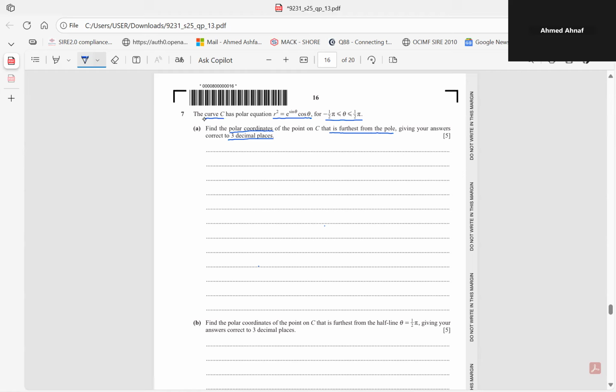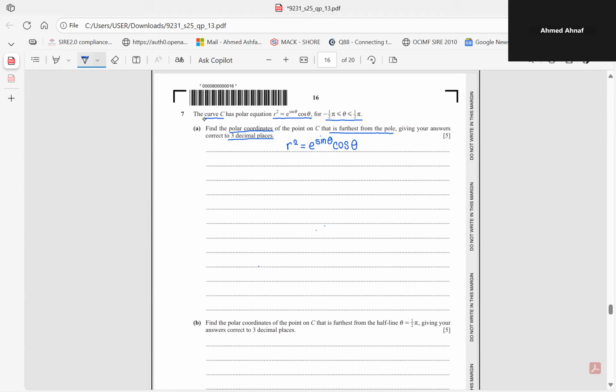So let's do that. First, let's write down our polar equation: r squared equals e to the sine theta times cosine theta. Now let's differentiate each side with respect to theta. For the r squared, that would just be 2r, so differentiate with respect to r first and multiply by dr d theta.